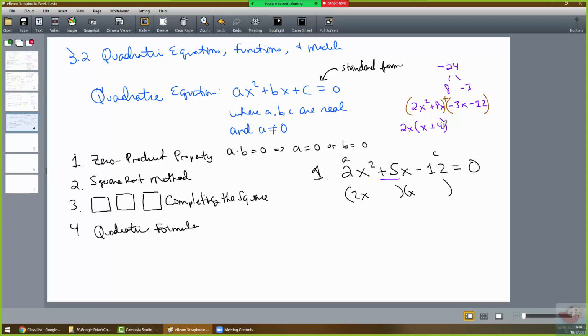And what could you pull out of the second two terms so that you're left with another x plus 4? So what can you take out of negative 3x minus 12?